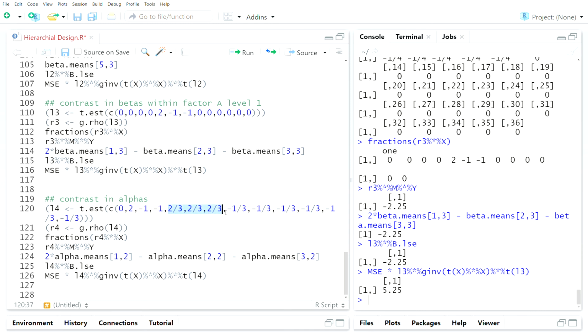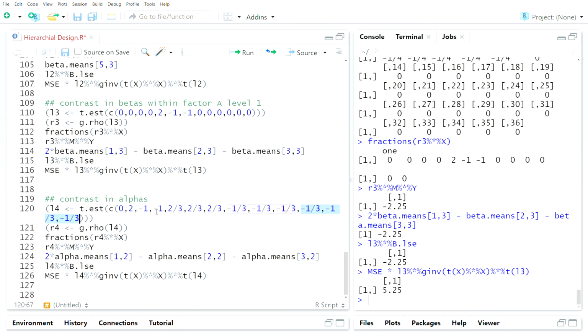These are the betas that are nested within A. So we take the average, which is 1/3, 1/3, 1/3, and then times 2, because we took it times 2 here. Now, the factor level 2 of A is a -1. So we take the average of the betas, which is 1/3, 1/3, 1/3, and then we take it times -1. And then the same way for the next 3 betas.